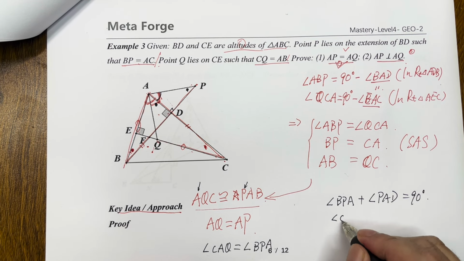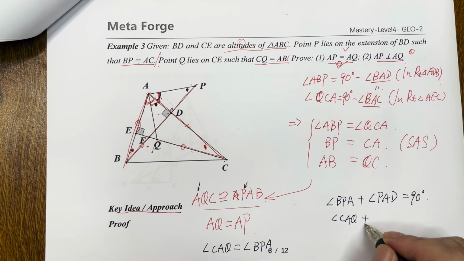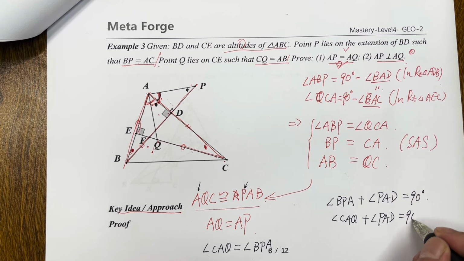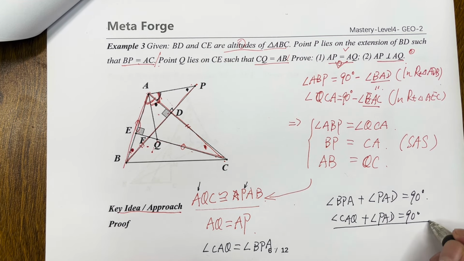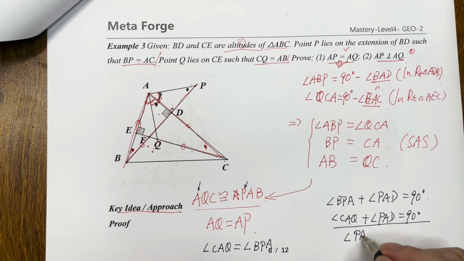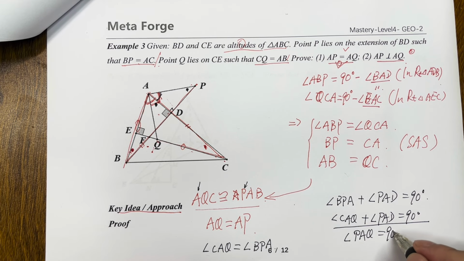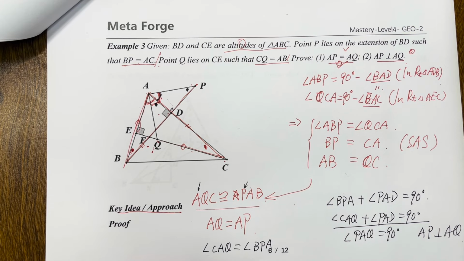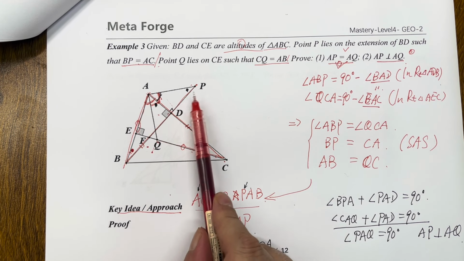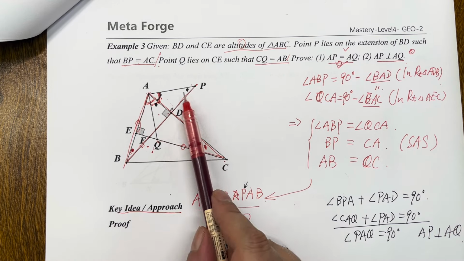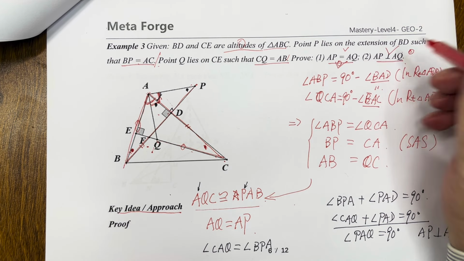So CAQ plus PAD equals 90. What does that mean? These two angles combined together make PAQ. That is, AP is perpendicular to AQ. From this pair of angle equations, we can draw out the conclusion.